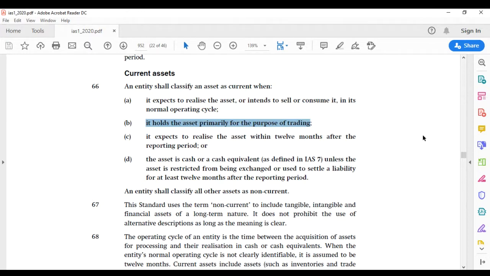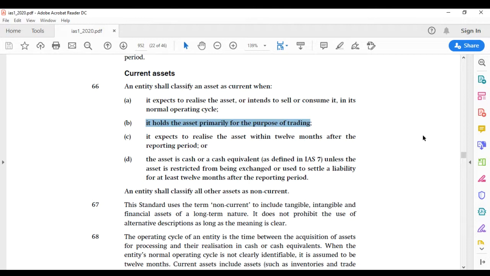If the intention of the company that invests is to hold those shares over the long term, let's say for 4 or 5 or 10 years, in order to generate dividend income from that investment, then clearly it's not going to be a current asset. Then it is going to be classified as a financial asset, which is non-current.